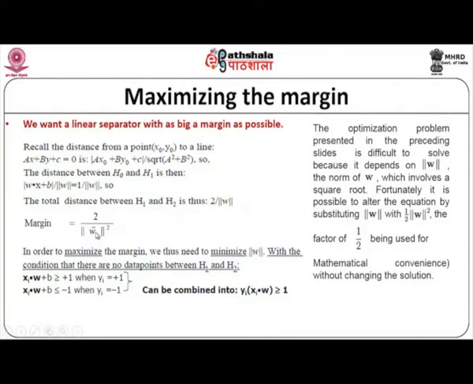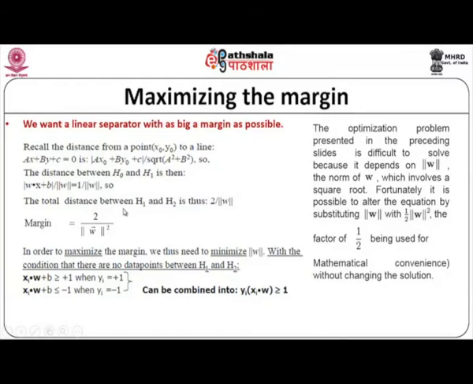The optimization problem presented in this module is actually very difficult to solve, because it depends on the norm of W. As I already mentioned, this norm of W involves a square root. So, what we can do is replace this norm value with half of the square of the norm, for the purpose of convenience.